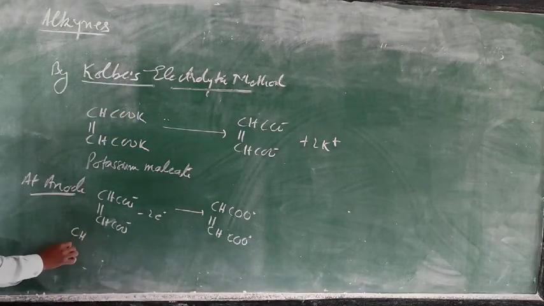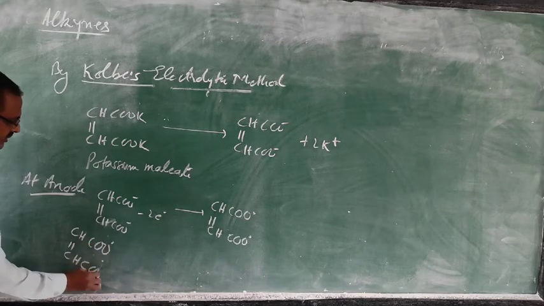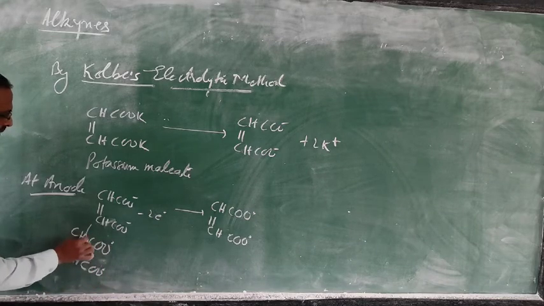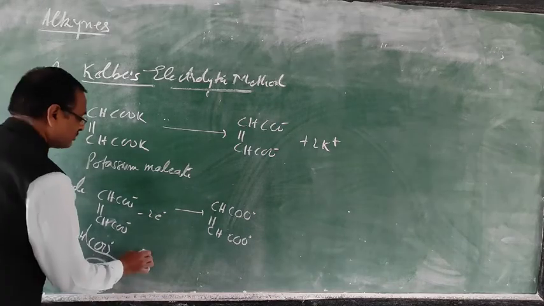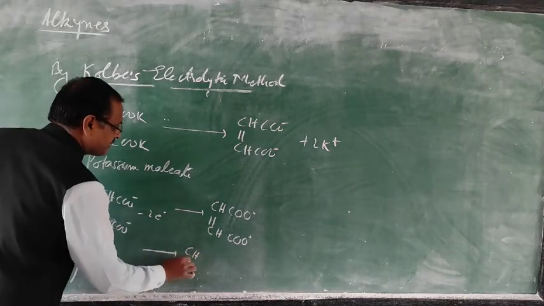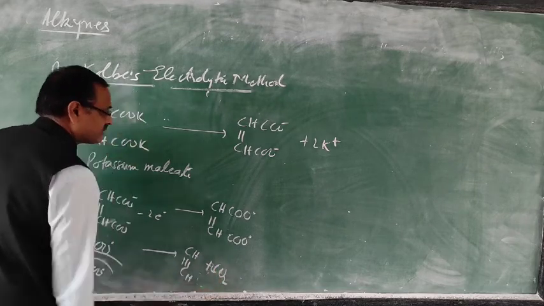This free radical will break, releasing CO2, and you will get acetylene at anode.